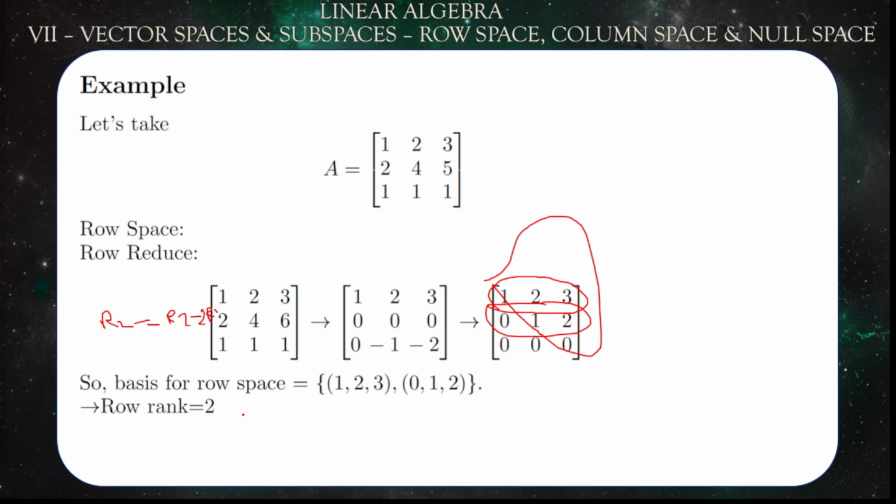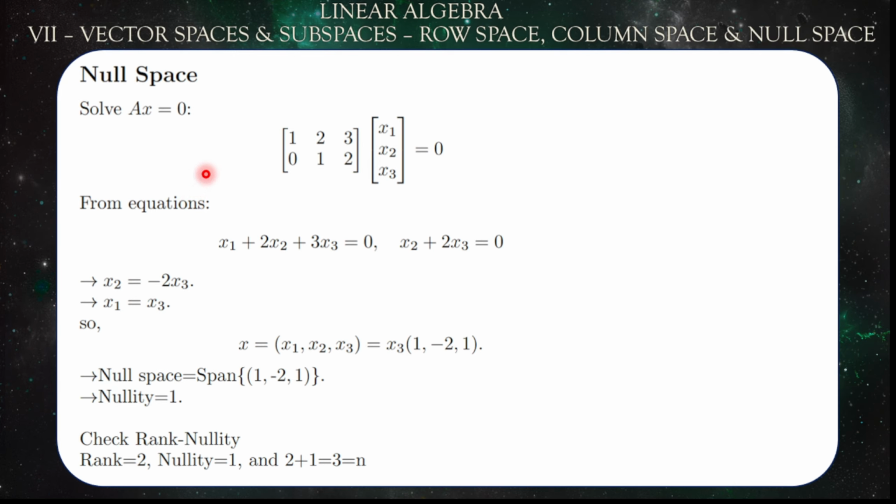The rank is the number of unique vectors that are generators. 0, 0, 0 is a zero vector, so it cannot be counted, because adding it to 1, 2, 3 ends up with 1, 2, 3, which already exists as a vector. So the rank is the number of unique generators, which are linearly independent.